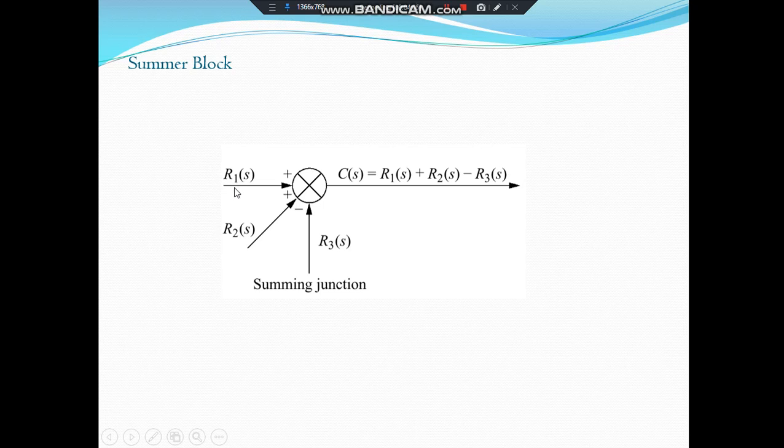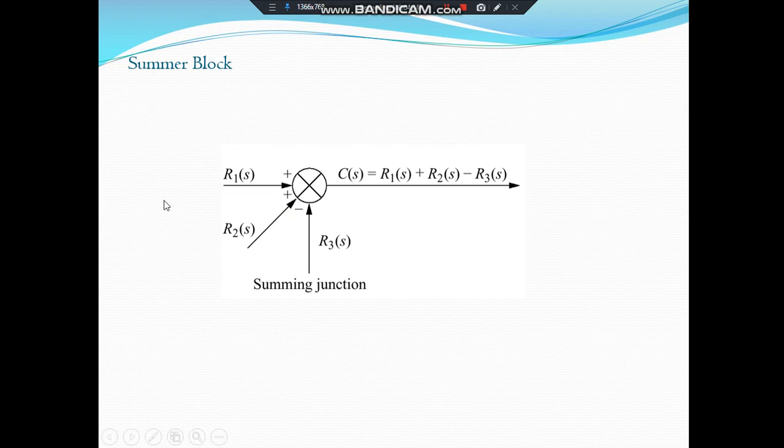Here are three inputs. One is R1 of S, another is R2 of S, and the third one is R3 of S. We should know their effect on the summing junction, whether they are added or subtracted. These signs show whether an input will be subtracted or added at the output.